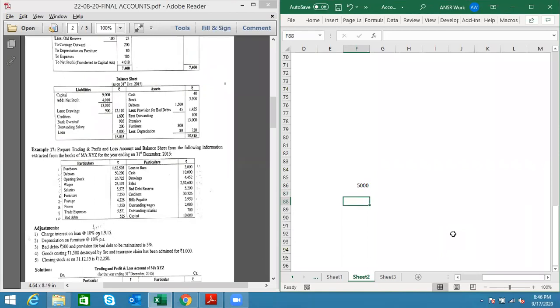This year when I calculated the provision, it came to 2,000 rupees. So let me tell you, this is the provision on last year's date, and this is the provision on this year's date.